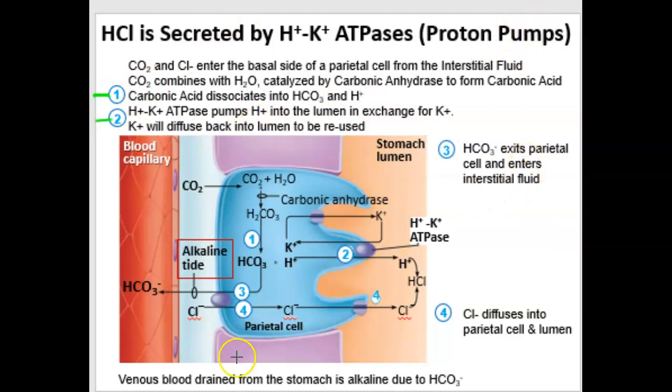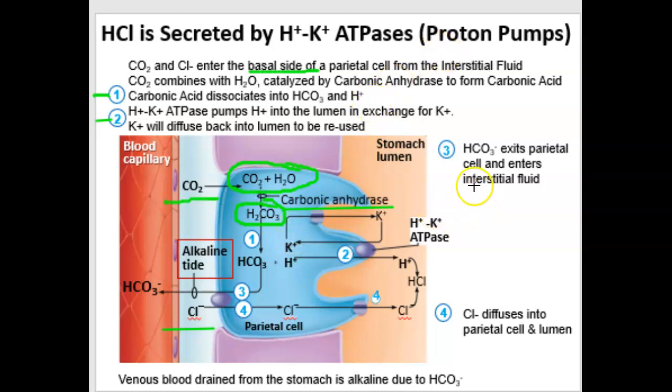So both carbon dioxide, shown here, and chloride ion, they both enter the parietal cell, the basal side of the parietal cell, from the interstitial fluid, but ultimately from the blood. And we know that carbon dioxide can combine with water in the presence of carbonic anhydrase, which is present in these cells, to make carbonic acid.